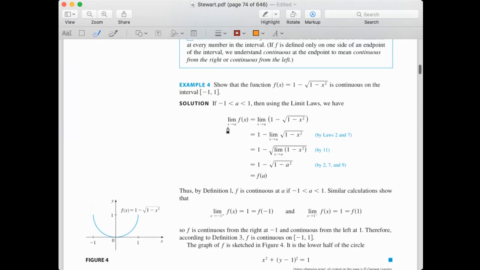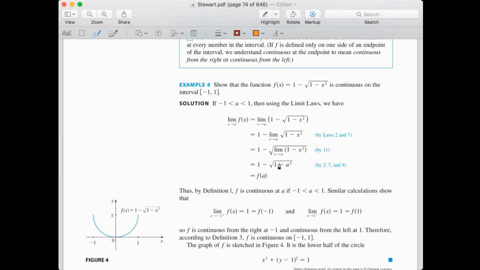So what do we do? We take a limit of the function. The limit of a number is just that number. So the limit of 1 is just 1. And then we take the limit of this. So when x approaches a, we just substitute x with a. So that becomes 1 minus the square root of 1 minus a squared.